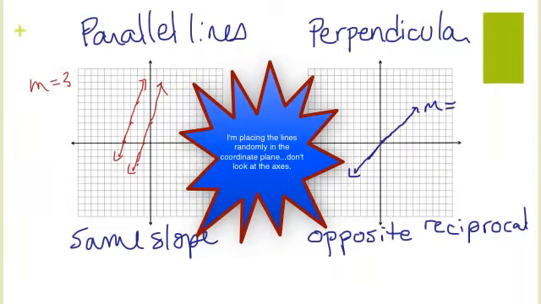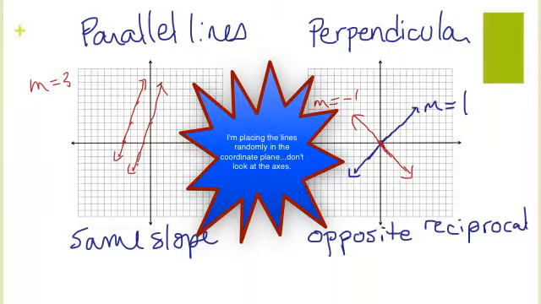So there's a slope of 1. Well, if I change the sign and flip that over, then this one's going to be down 1 over 1, down 1 over 1, down 1 over 1. Slope of -1. And that's the one that people forget.